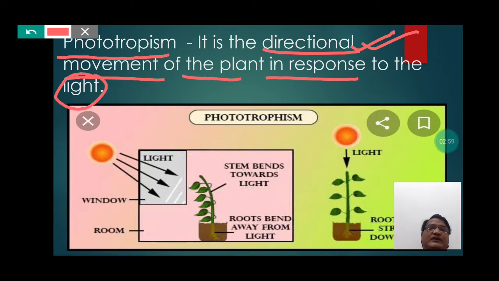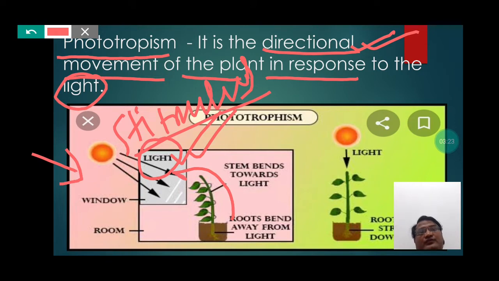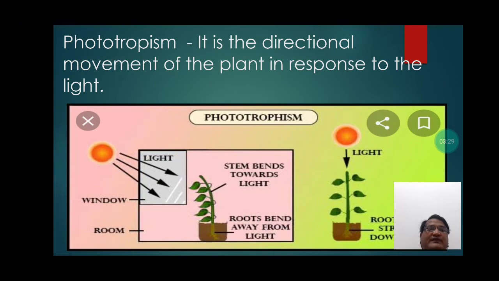The concept of phototropism can be well understood with the help of this picture. Here you can notice that light is the stimulus and this light is helping the plant to move towards the light. So this bending movement of the plant part, that is the stem, towards the light is called phototropism.